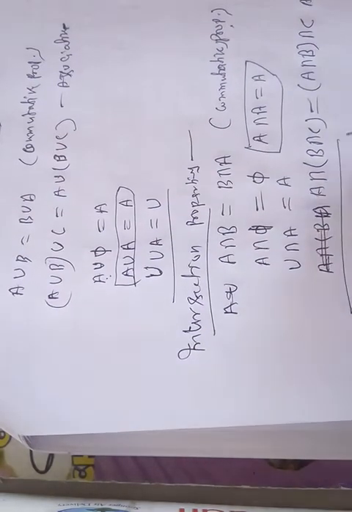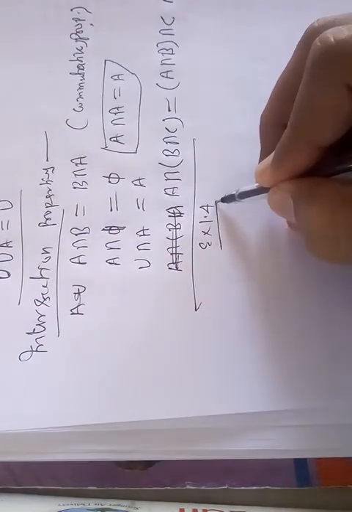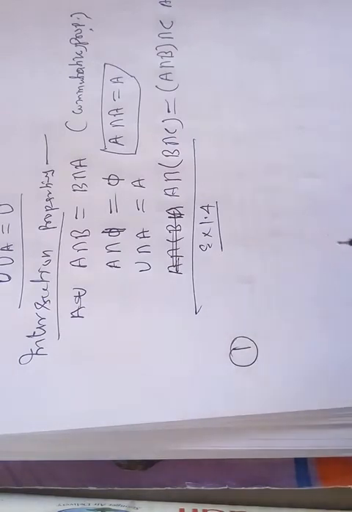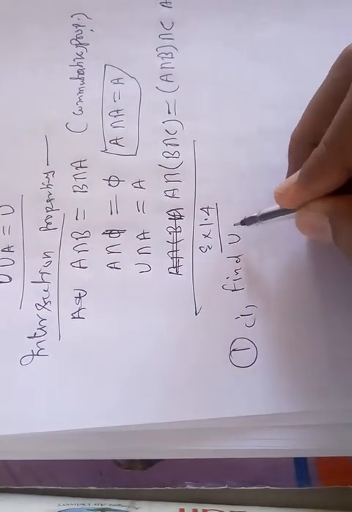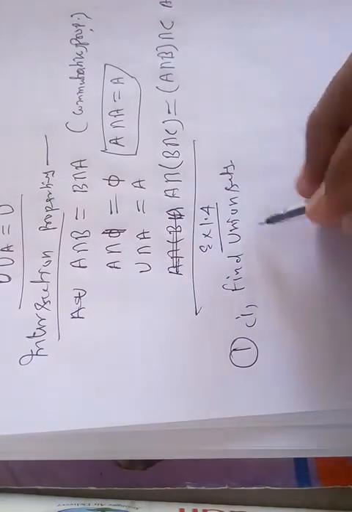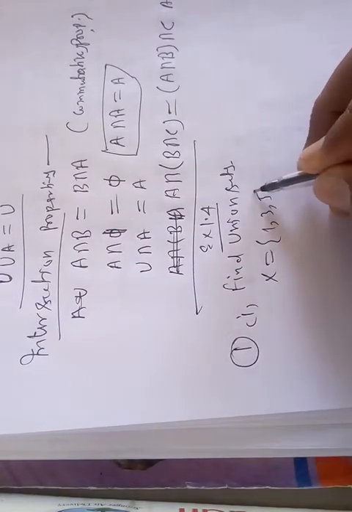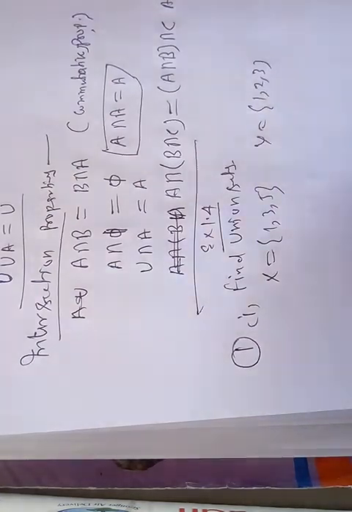Now let's do Exercise 1.4, first question. Find the union set of each of the following. First, X equals {1, 3, 5} and Y equals {1, 2, 3}.